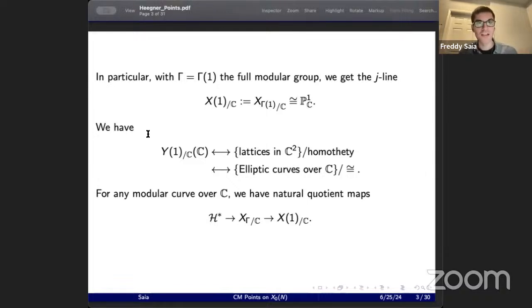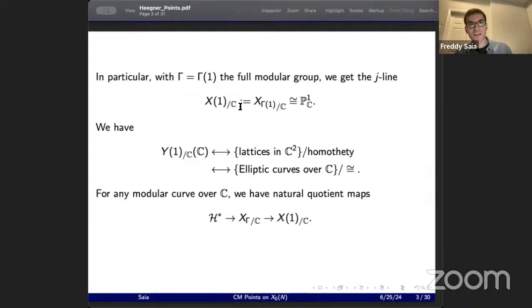And classically, we know that its non-cuspidal part, Y(1)(C), parameterizes elliptic curves up to geometric isomorphism. So elliptic curves over the complex numbers up to isomorphism, or equivalently lattices up to scaling. An elliptic curve has a corresponding lattice; you realize it as C modulo the lattice.